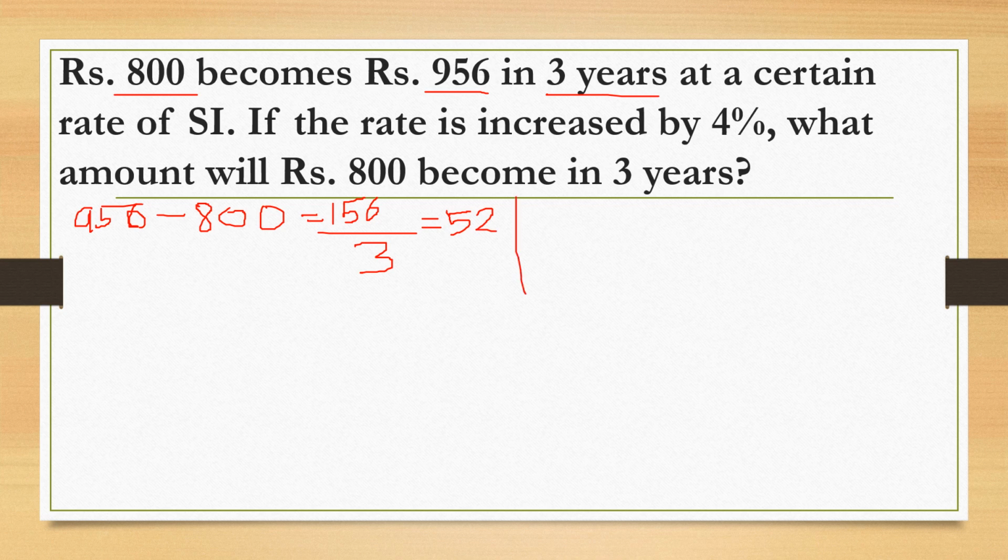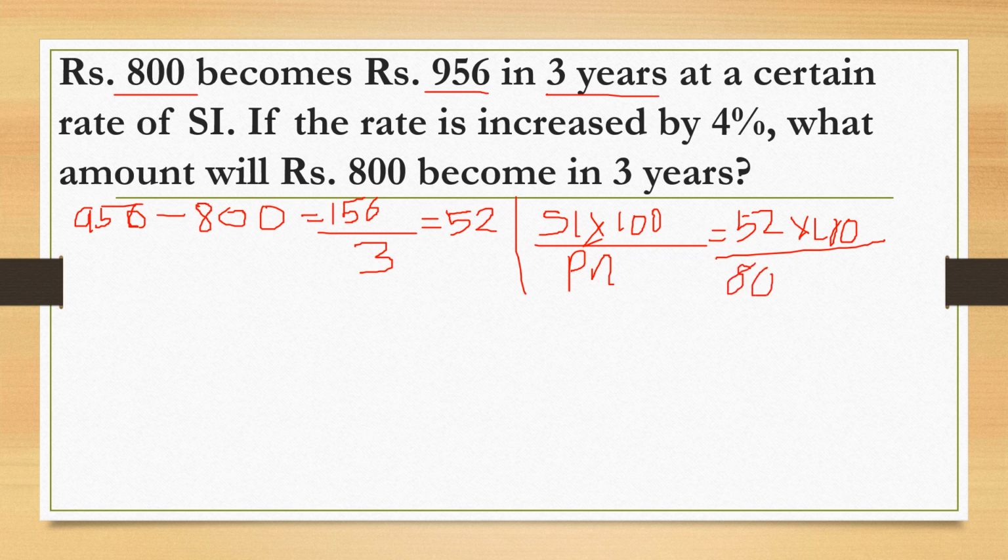On dividing by 3, we will get the simple interest for 1 year, that is 52. Next thing we have to find is the actual rate of interest. By solving as in the previous method, SI into 100 divided by PN, that is, SI for 1 year is 52 into 100 divided by P, which is 800, N is 1.